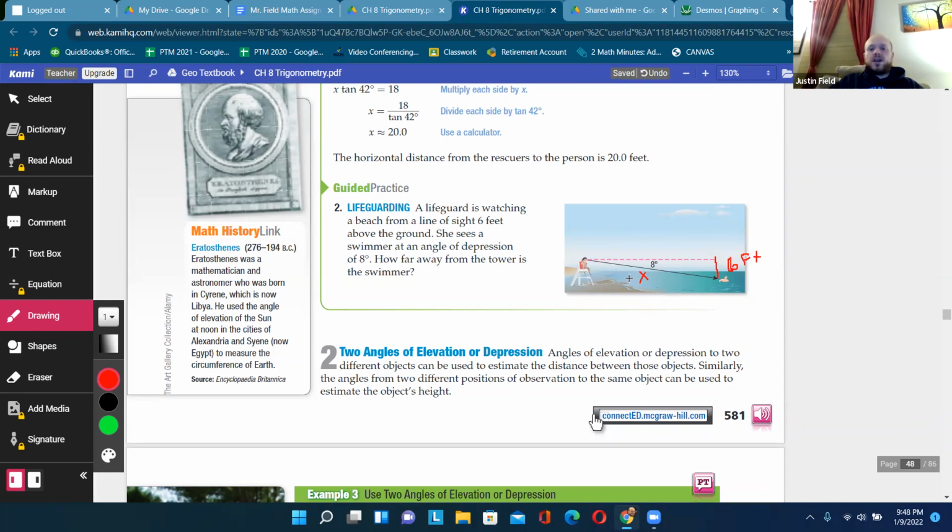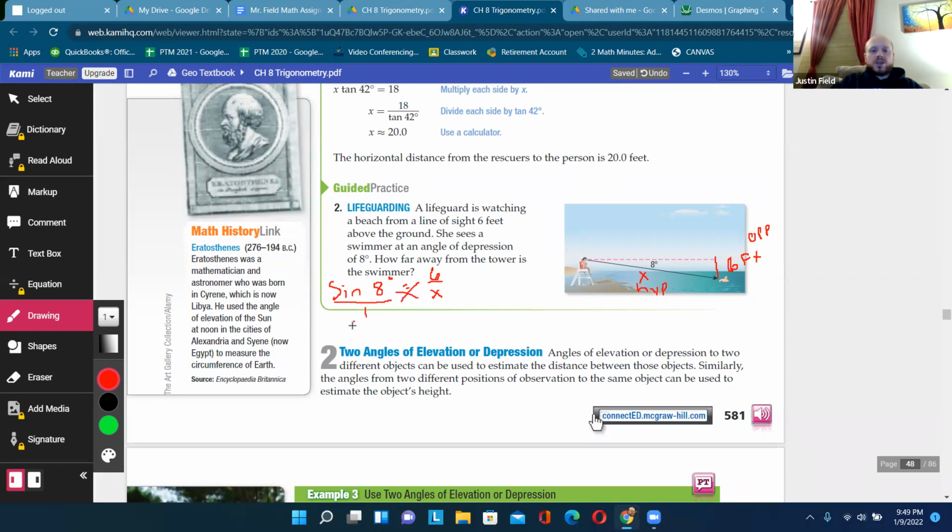And then, all right, so now I'm going to set up a ratio. And what sides of the right triangle do we have? We have the opposite side, and we want to know the hypotenuse. So what trig ratio connects the opposite and the hypotenuse? That would be the sine. So sine of 8 degrees equals opposite over hypotenuse. And so I just put that over 1 and I cross multiply.